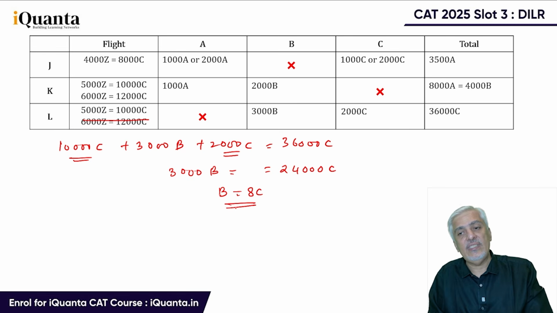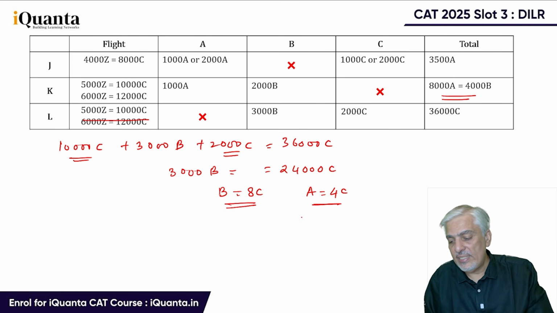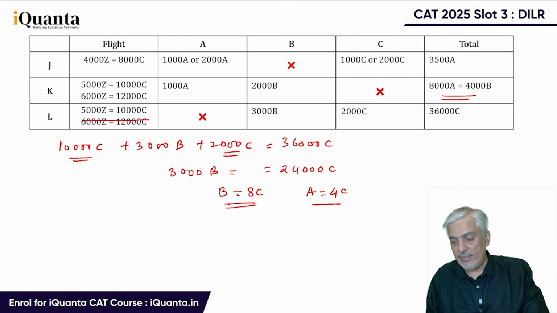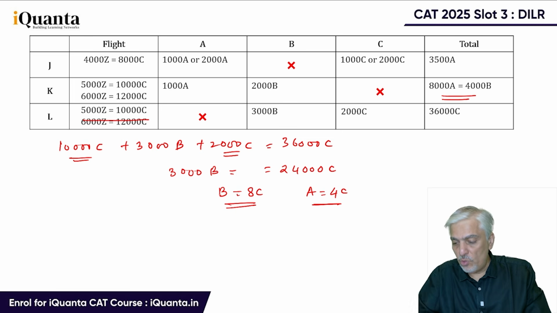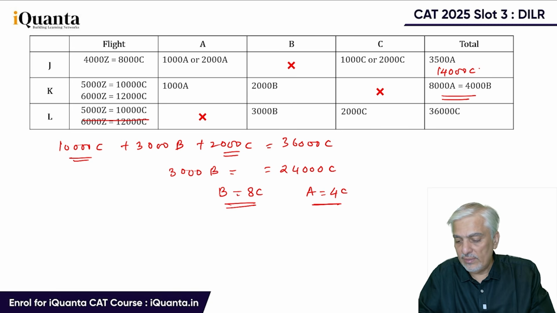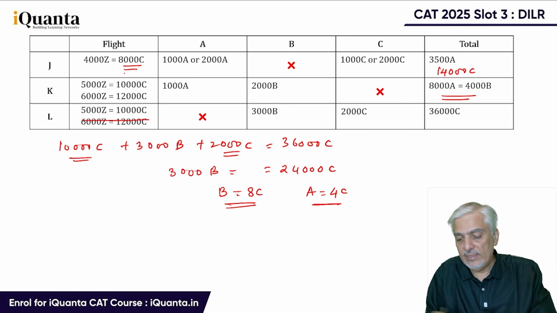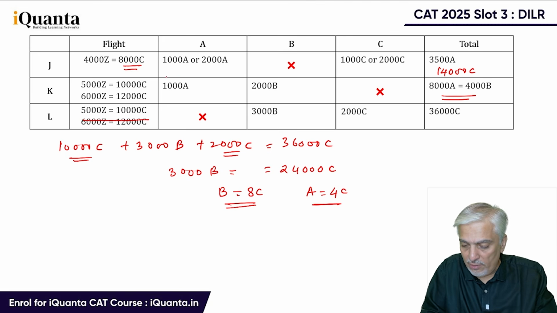If this is correct, then I already know the relation between B and A, so I will get A is equal to 4C. I can just check it in any one of the positions. Is A equal to 4C falling out to be right? For example, if A was 4C, this would become 3.5 into 4, 14,000 C. Then I will also basically get this. This is 8,000 C. This will be 4 or 8,000 C.